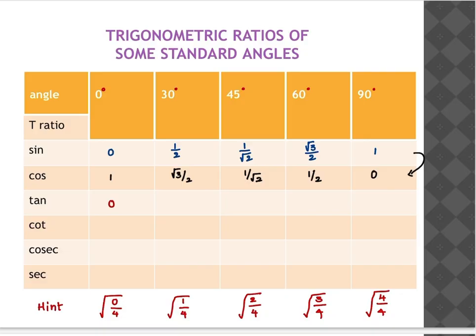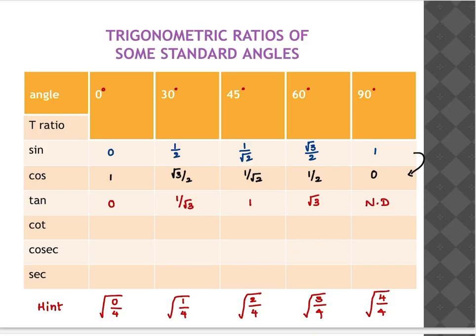Then 1 by 2 upon root 3 by 2: the denominators 2 and 2 get cancelled, so 1 upon root 3. Next is 1, then root 3, and 1 by 0 is not defined. So we got the tan values.